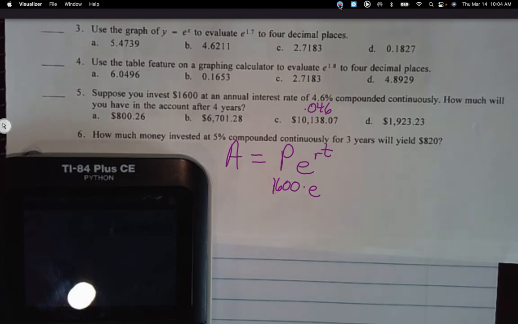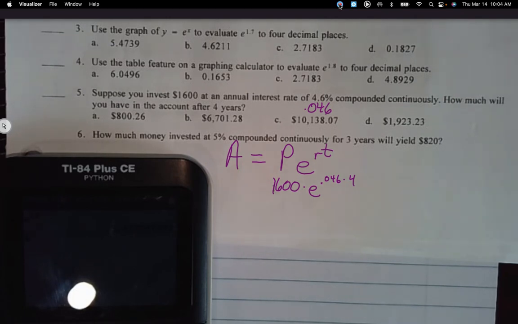How do you find your test percentage? Put it over 100. So same way here. If we're going from a percent to a decimal, just divide it by 100. So my R is 0.046 times, what's my time? 4 years. And all I'm going to do is type all that in my calculator just like that.